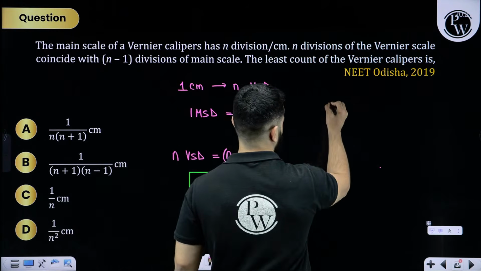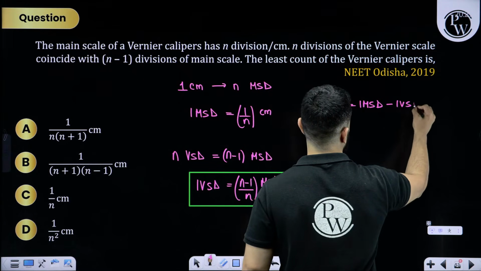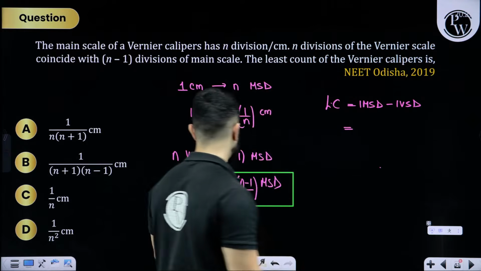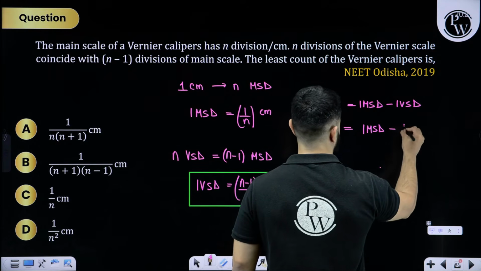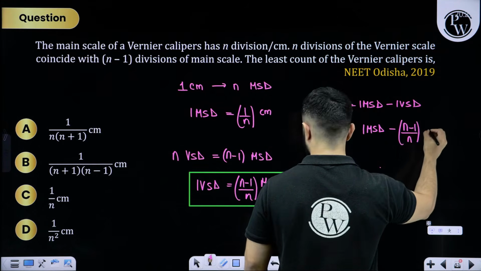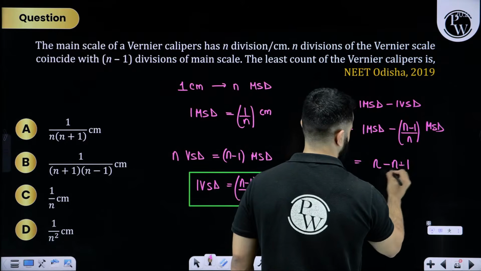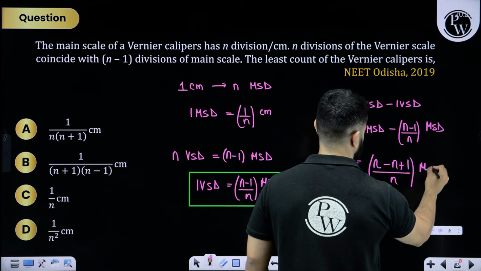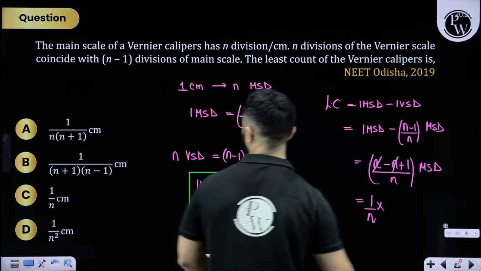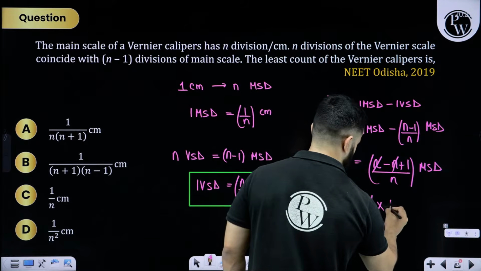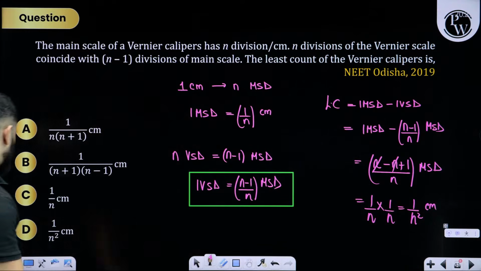Next, least count will be 1 main scale division minus 1 vernier scale division. Again 1 MSD, let's keep MSD as it is. So 1 MSD minus n minus 1 divided by n MSD. So it will become n minus n plus 1 over n MSD. N gets cancelled out. 1 upon n multiplied by 1 main scale division, which is 1 by n. So the answer will be 1 by n square centimeter.